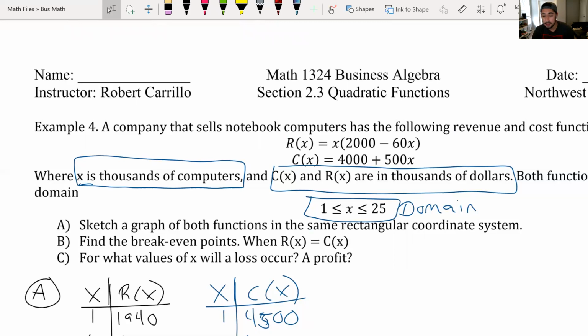And the reason you can plug it into either function is because these are break-even points, which means no matter what function you plug into, you'll get the same answer, because if they break even, your functions are equal. So plug it in the revenue, plug it in the cost, you're gonna get the same thing. Well, since we cut some decimals out, it'll be a little different, but you get the gist of it. So plug it into whichever one looks easier, and for me, the cost function looks a lot easier to plug into. So let's do that.